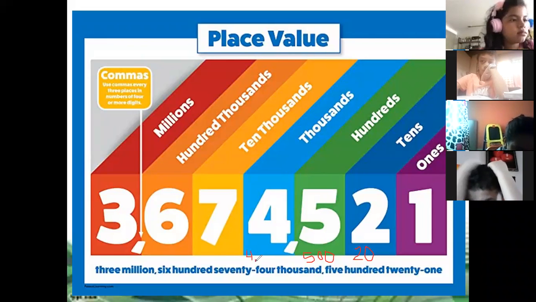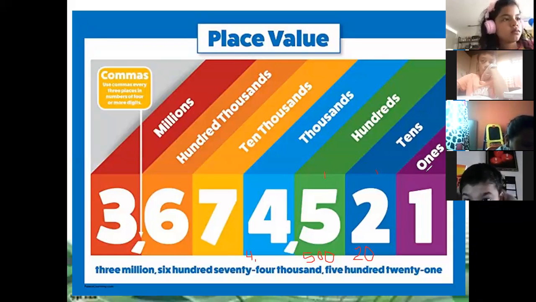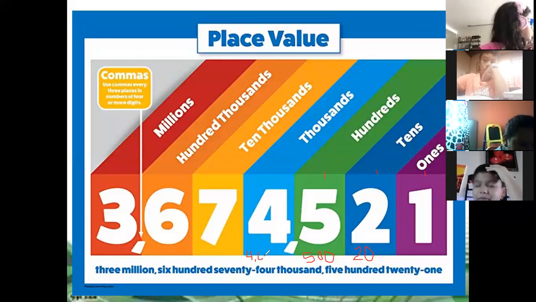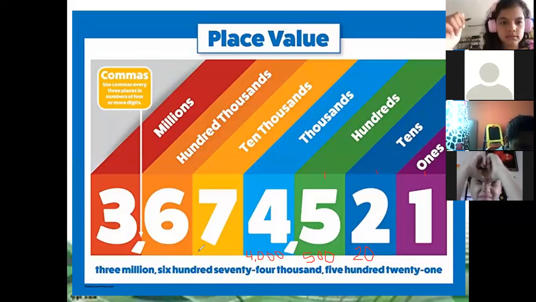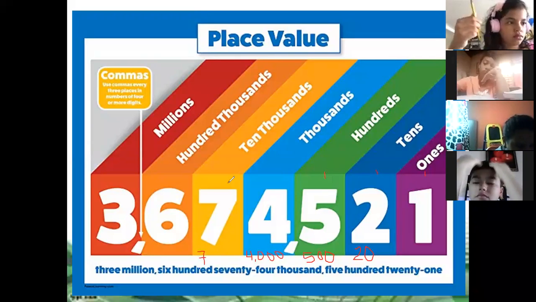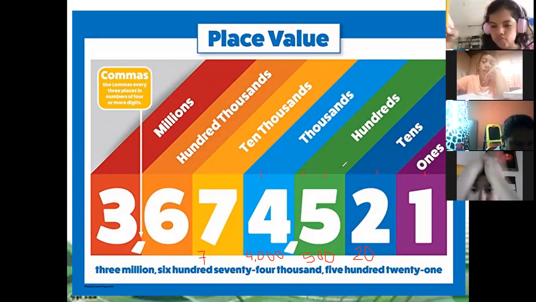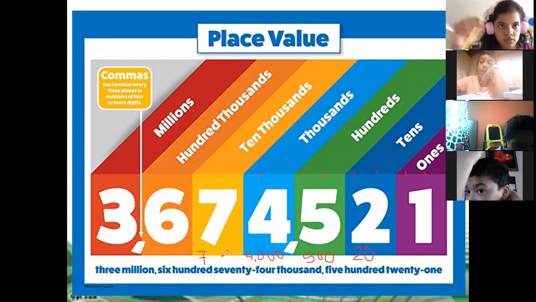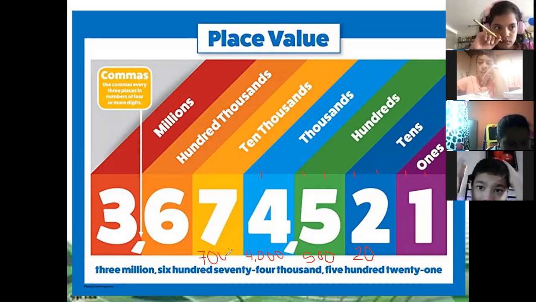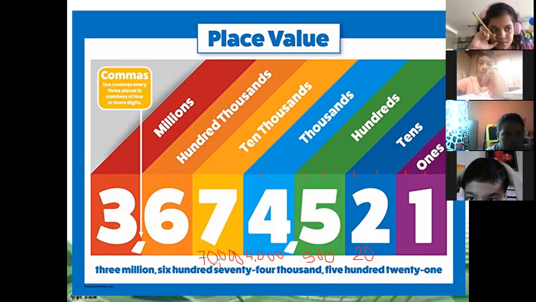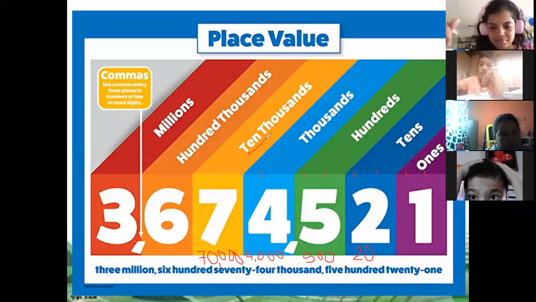What about this 4? It's in the thousand position, so according to its position, I have to add zeros. How many? 1, 2, 3, because it's in the 4th position, so I have to add 3 zeros. This is in the 10,000 position, so I have to add 4 zeros. 70,000, because this is a 10.